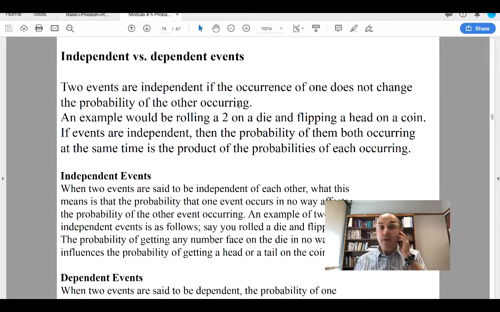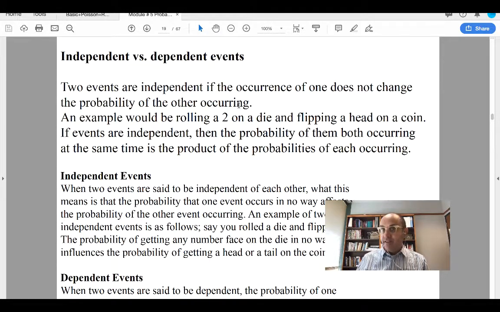Example, if we roll a 2 on a die and flip a head on a coin, if events are independent, then the probability of them both occurring at the same time is the product of the probability of each occurrence.